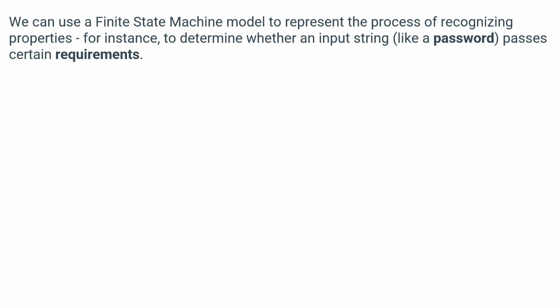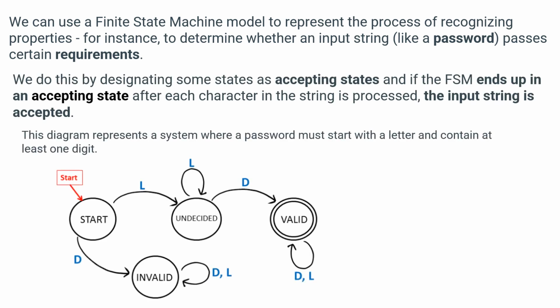And what we want to do in this example is check to see if the password that the person typed in starts with a letter and contains at least one digit. So this turns out to be the diagram for this situation. We'll talk it through so that you can see how this makes sense.